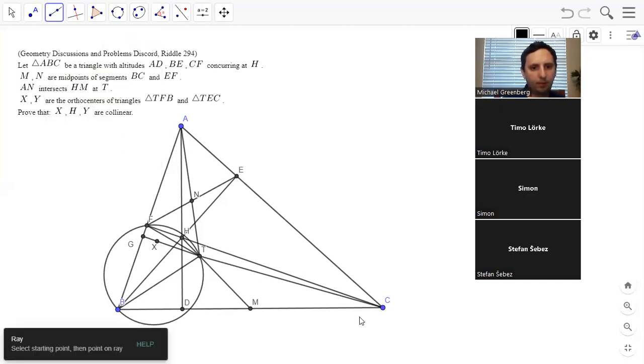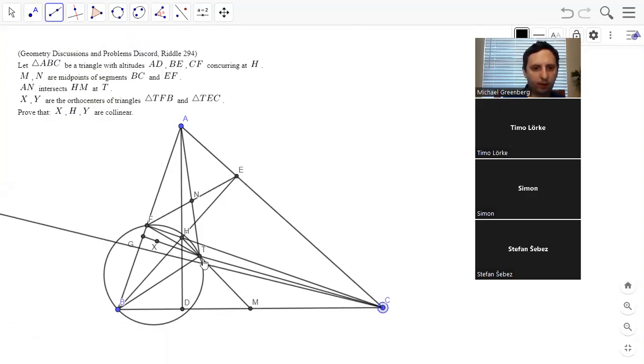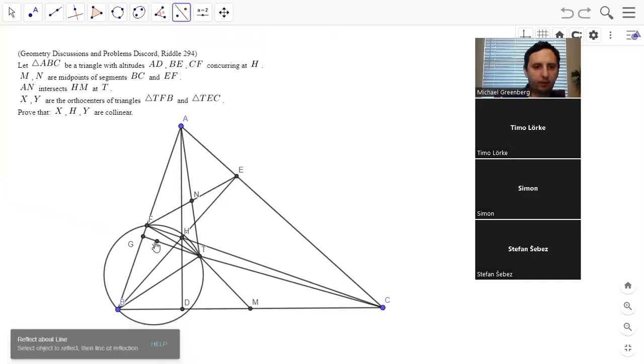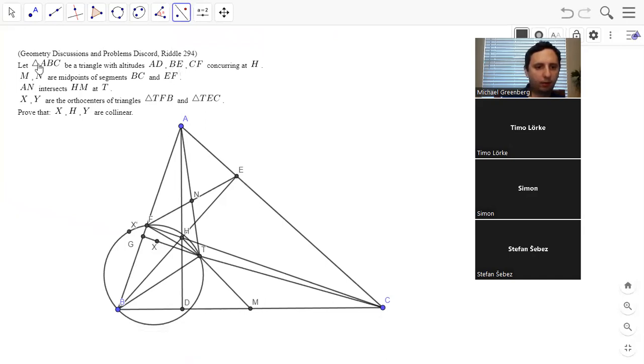I feel like this might be the most intuitive way to use that fact. So that means if you reflect X over AB, it would lie on this circle.